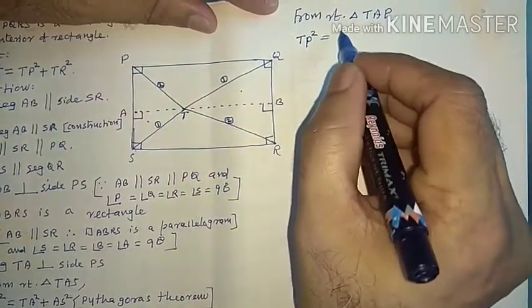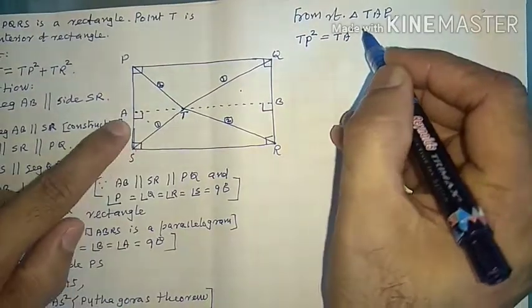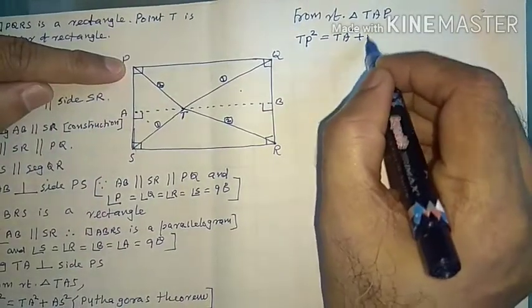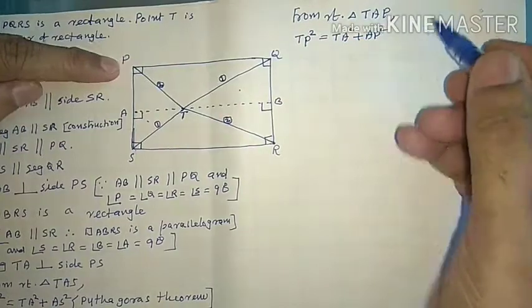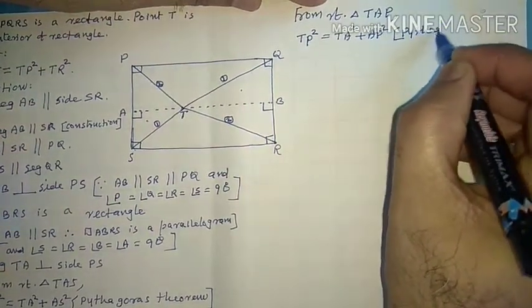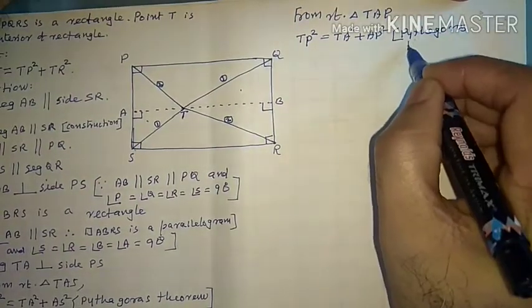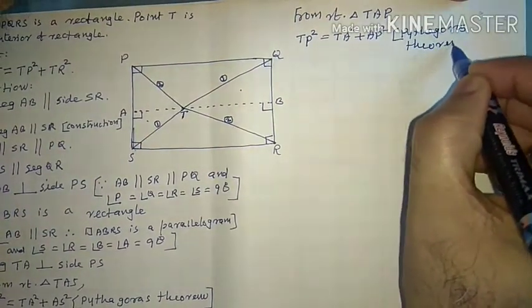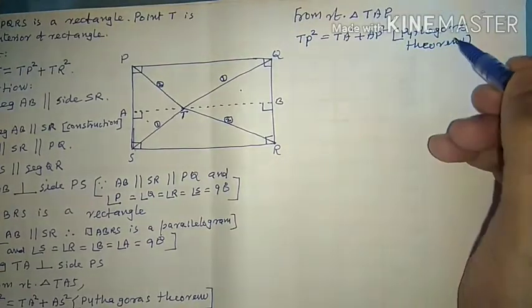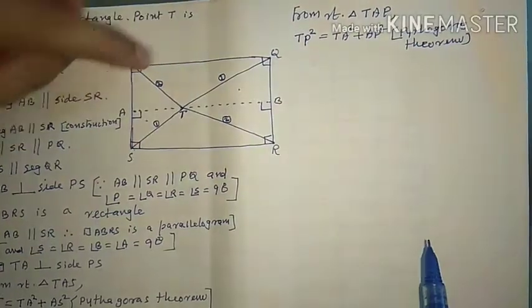TP square is equal to this, TA square plus AP square. This also is by Pythagoras theorem. Here also some simplifications we can make.